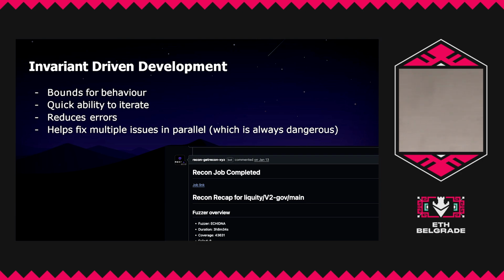The key idea of invariant-driven development is that we can look at a smart contract, for example, the governance contract, and define some sort of bounds for the behavior of that contract. What I mean is that we can look at, let's say, the soundness of the math, or let's say that the total votes should always increase. We can look at something that elegant and that simple.